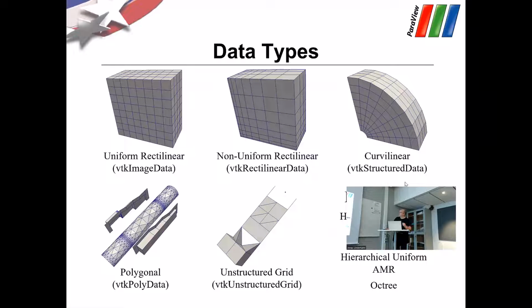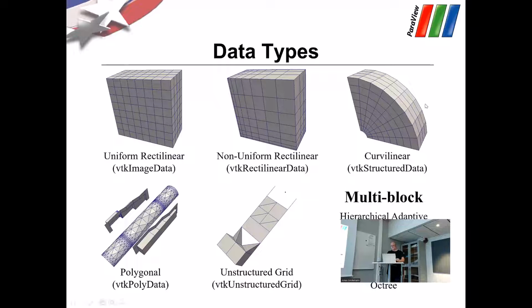You can have curvilinear data, structured grids that are curved. Then you can have polygonal data, which is an unstructured mesh with polygons, and then you have a completely unstructured grid, which can contain any kind of element type. And we are basically going to go through some of these here, except for the curvilinear one.